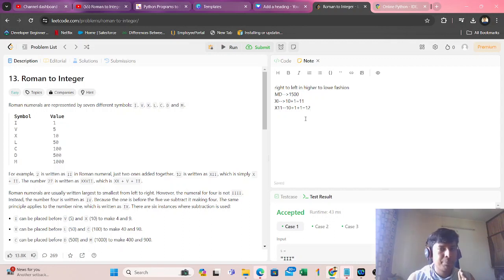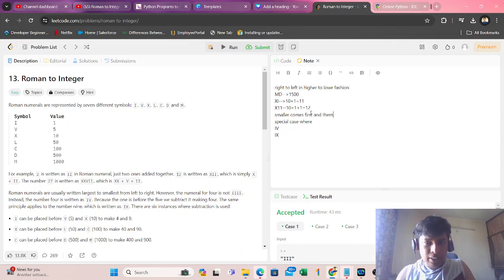This is one case, but there are some special cases also. How do you write 4 or how do you write 9? IX. In a special case, the smaller one comes first and then the larger one.